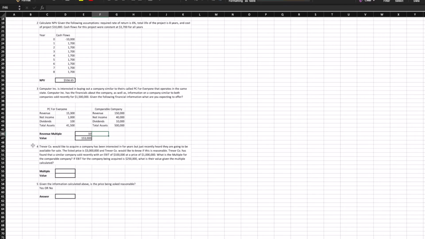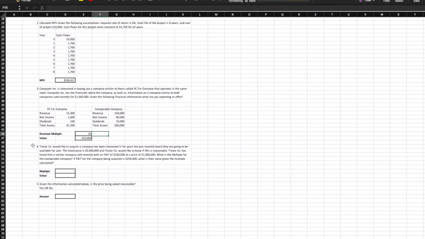So number 4. Trevor Coe would like to acquire a company that they've been interested in for years. They just recently heard about them going available for sale. The list price is $3 million, and Trevor Coe would like to know if this is reasonable. Trevor Coe has found that similar companies have sold with an EBIT of $100,000 and a sell price of $1 million.